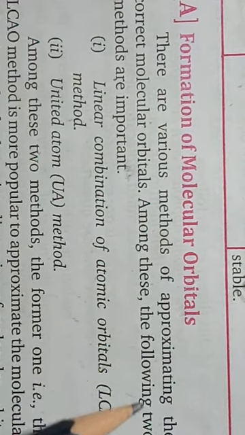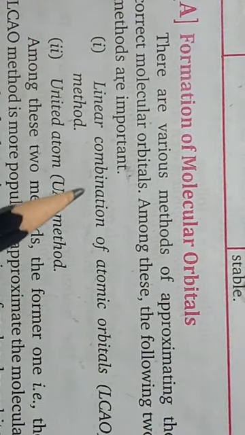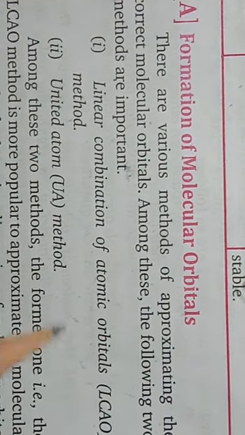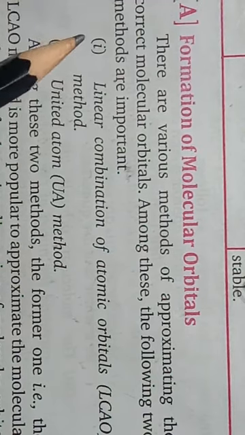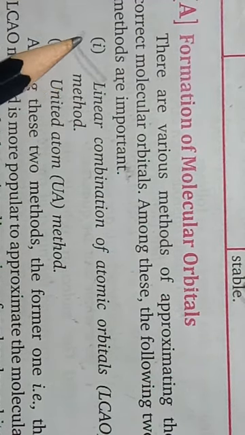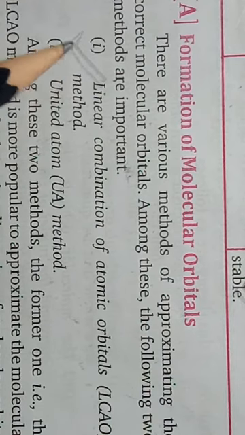Among these, the following two methods are important. First is the linear combination of atomic orbitals method, and second is the united atom method. The first one is the most important and most widely accepted, so we will discuss this first method only.